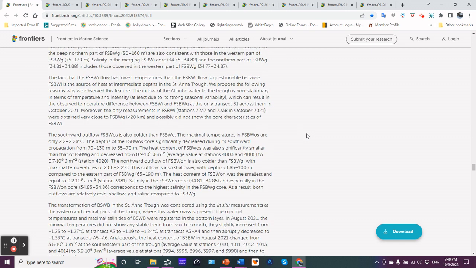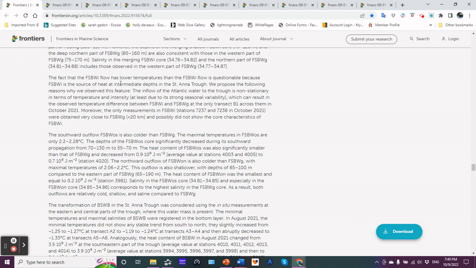And then they discuss that the fact that the inflow has lower temperatures than the FSBW is questionable. So this is not clear to me. Inflow lower temperature than the inflow. What, at different times of the year? Well, that makes sense. Or is one of them supposed to be the gyre?